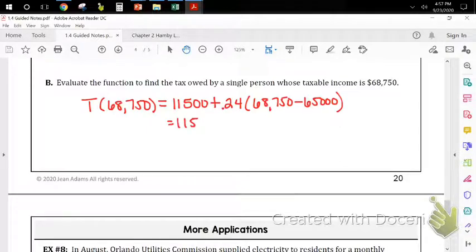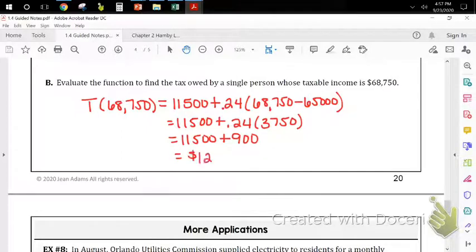Okay, so it gives me $11,500 plus 0.24 times, and $68,750 minus $65,000 is $3,750. So we got $11,500 plus, when I multiply them, we get $900. And when we add them, we get $12,400. And make sure you label it. It's money, okay? Has to be labeled.